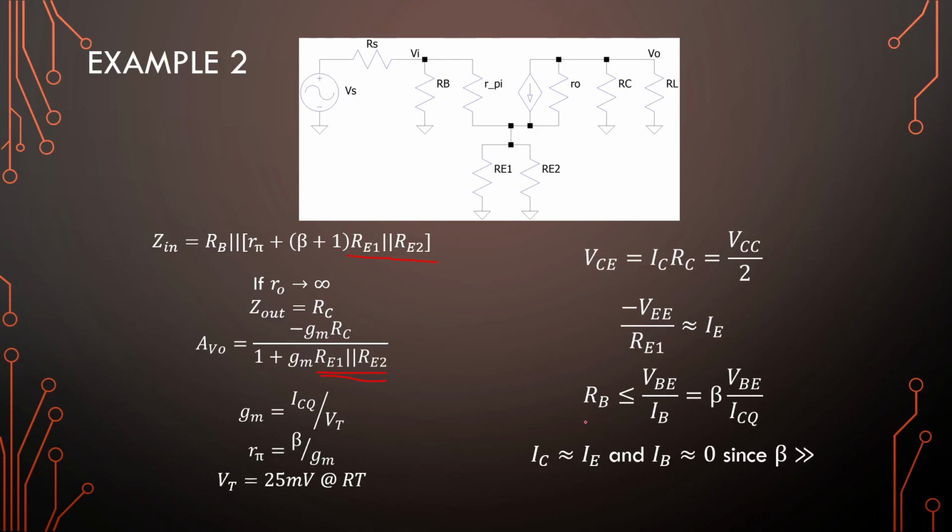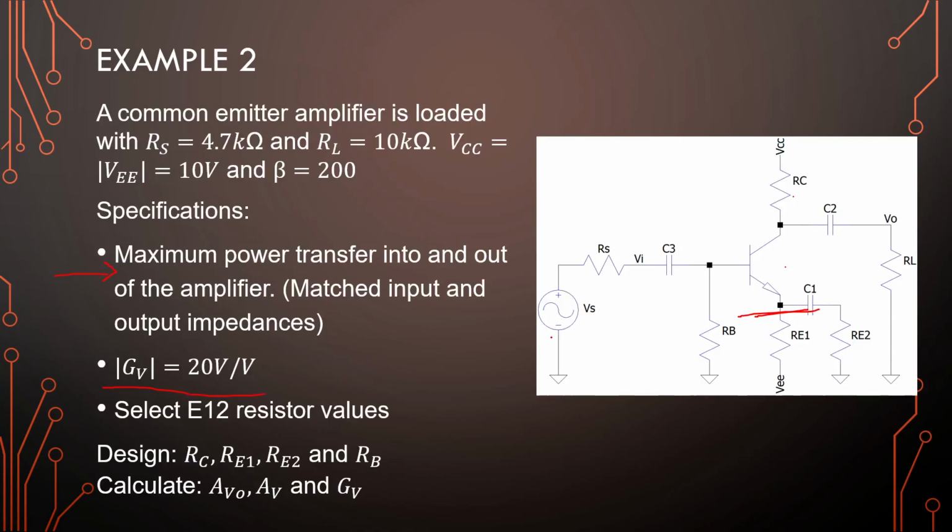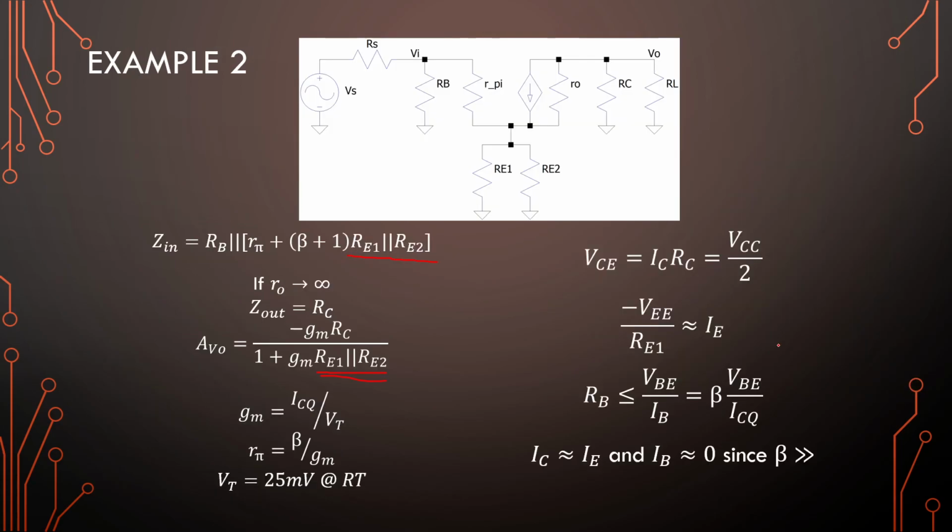And our RB value can be any value smaller than VBE over IB, or VBE over our Q point multiplied by our beta value. Because this resistor here is only a current path into the amplifier. Okay, this emitter resistor is responsible for our bias. So this is the emitter bias.